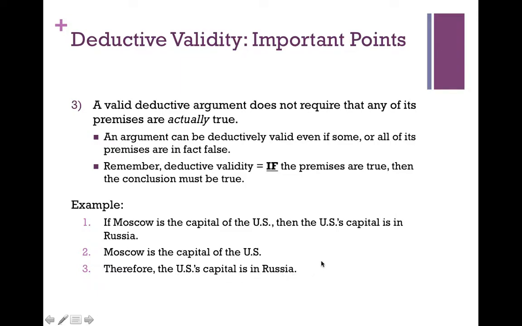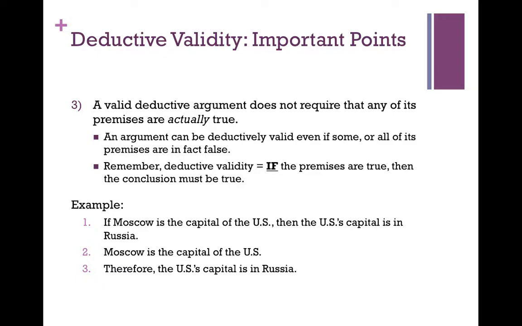And you can think of this argument in the following way, and I hope this doesn't confuse you, but imagine we took the letter A to equal Moscow as the capital of the U.S., and we took the letter B to equal the U.S.'s capital is in Russia. The pattern this argument follows is: if A, then B. A, therefore B.